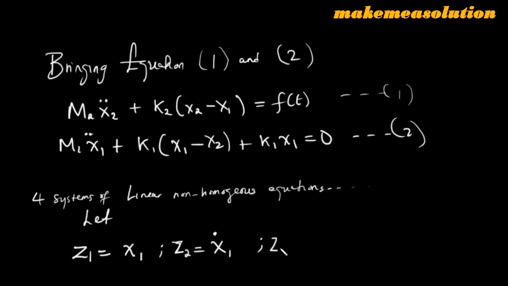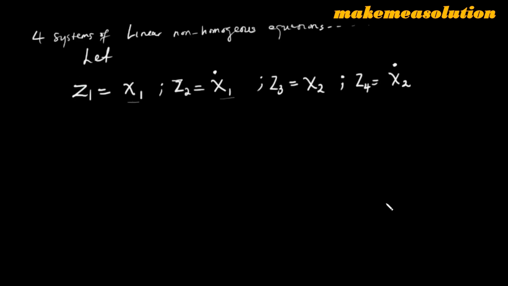In the same way, z3 will represent the displacement of the second mass, and finally z4 will represent the velocity of the second mass. When you see me put a dot, I mean the first derivative. So displacement and velocity for mass 1, displacement and velocity for mass 2. This is my choice of state variables.